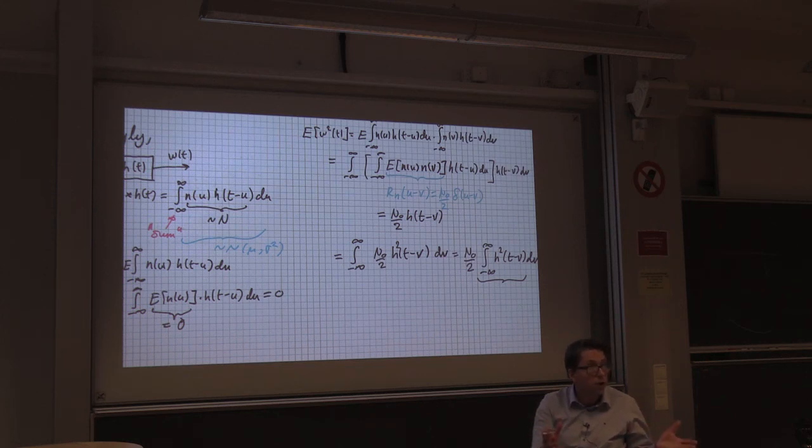We just integrate the square of it for all possible values of the argument. So this is just the energy of the pulse h. The fruit of all our labor is that we now know the variance of w of t, and it's n naught over 2 times E_h.